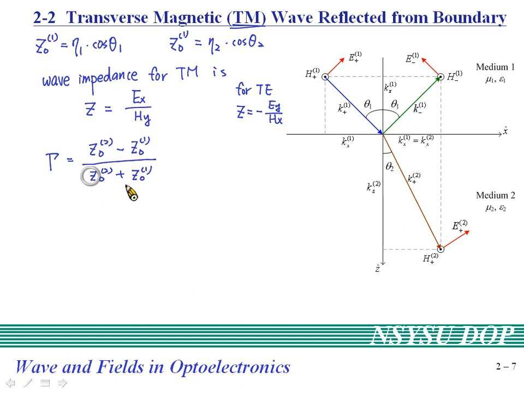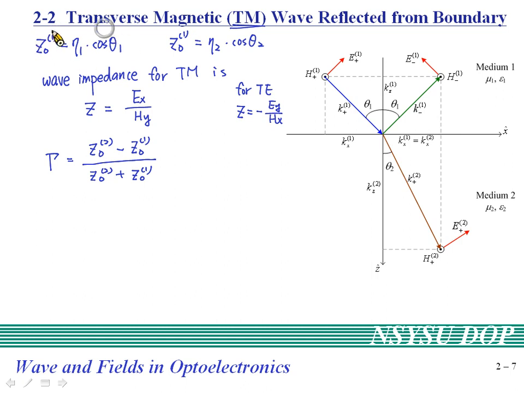The definition of the reflection coefficient for TM and for TE is the same. Okay? But the Z01 and the Z02 for TE and for TM are different.